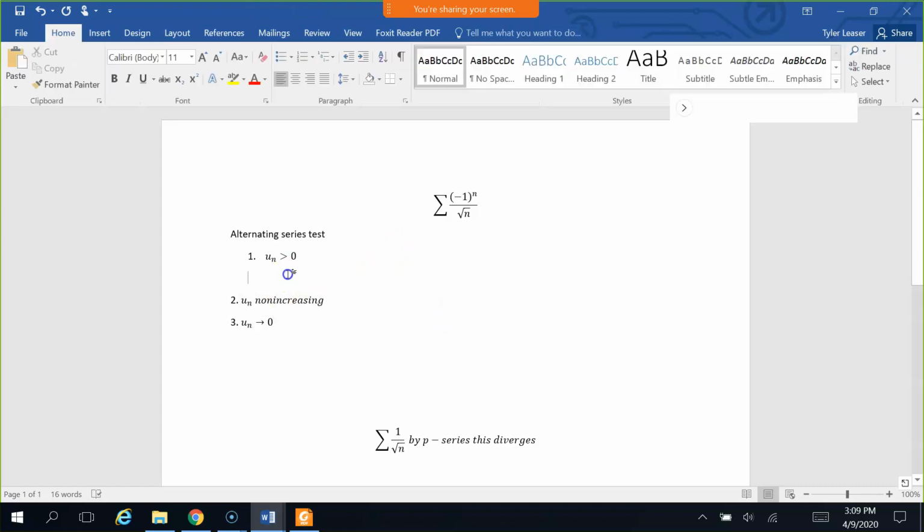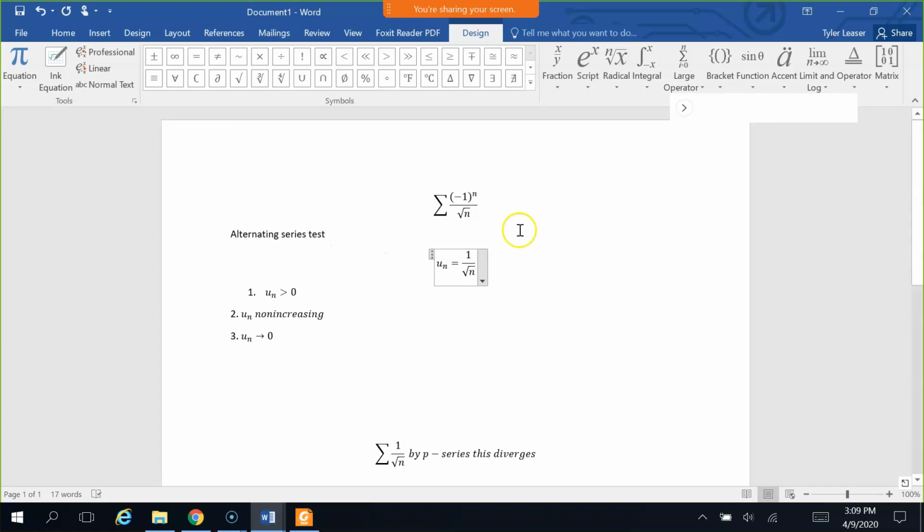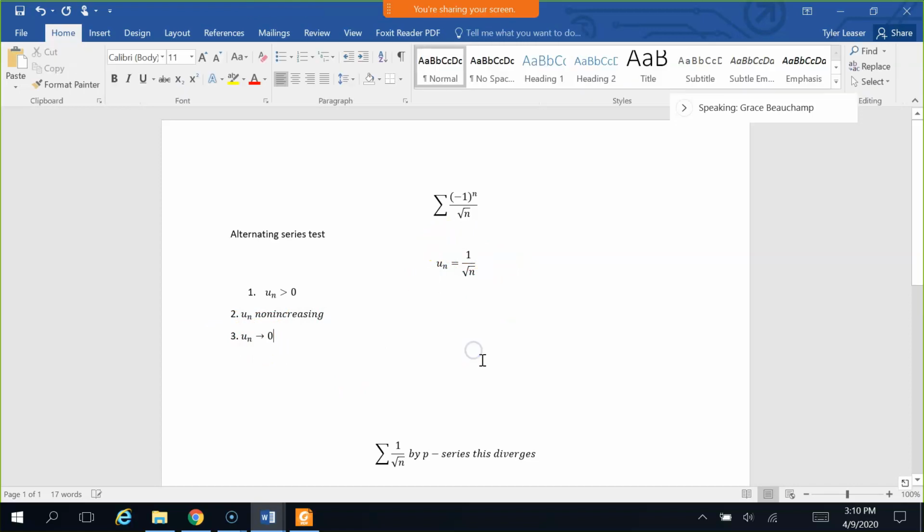Hopefully you can just look at these and tell. My formatting's all funny, but for this example, the sequence values, the b sub n's, are just the 1 over square root of n part without the alternating part. These are all positive. These are non-increasing: as n gets bigger and bigger, my values get smaller and smaller. And if I take n to infinity, it does go to 0. Because all three of these things are satisfied, the series converges.